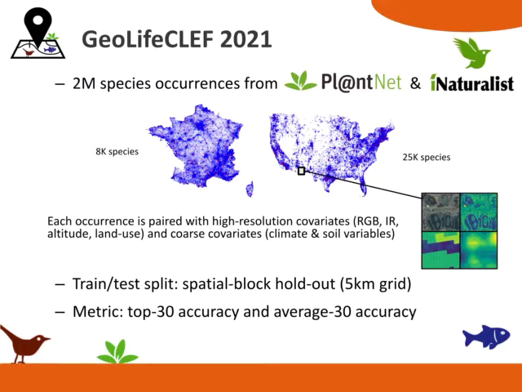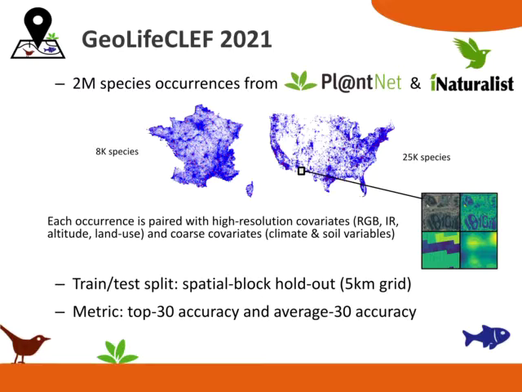All these occurrences were paired with high resolution covariates. Remote sensing covariates are mainly RGB, infrared, altitudes, and the land use. We also provide some coarse covariates more related to the environment, such as climate data or soil variables.